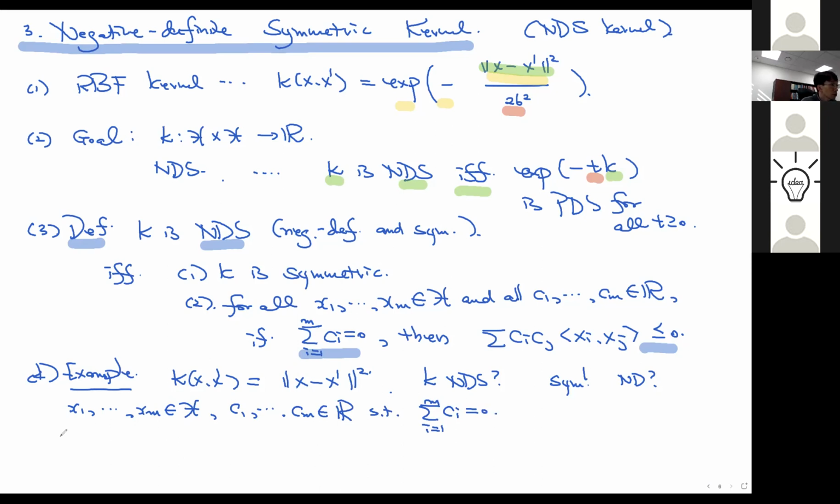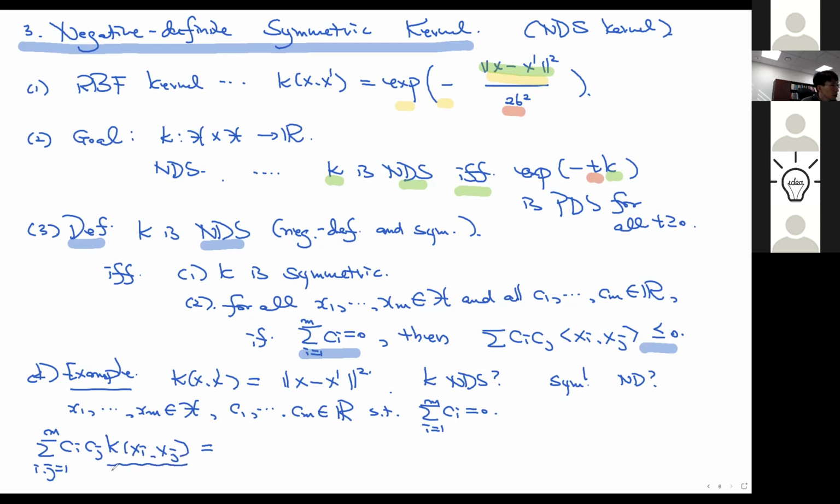Then we compute the quantity, the summation over i, j from 1 to m of ci cj K(xi, xj).